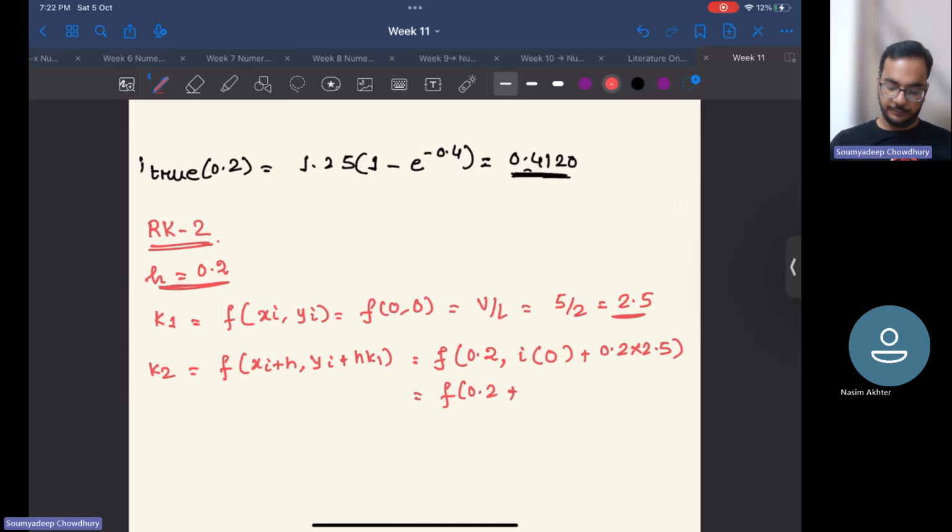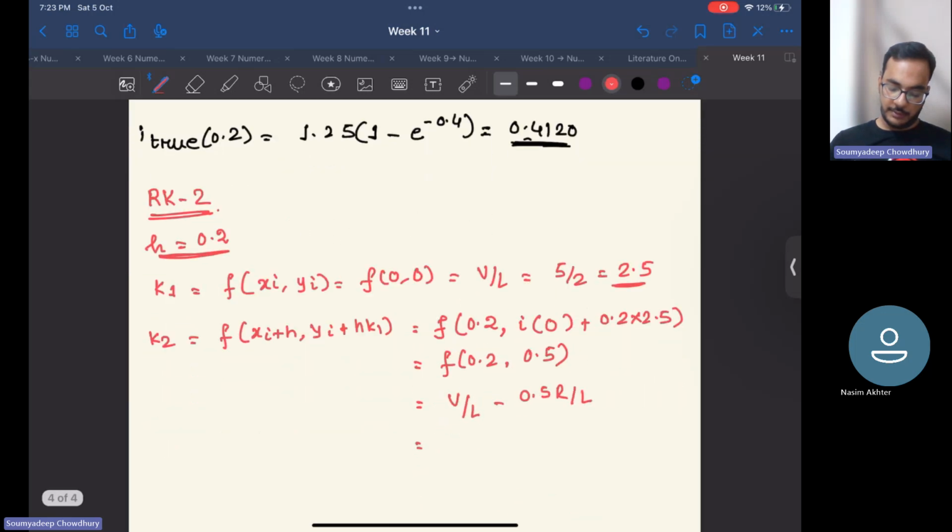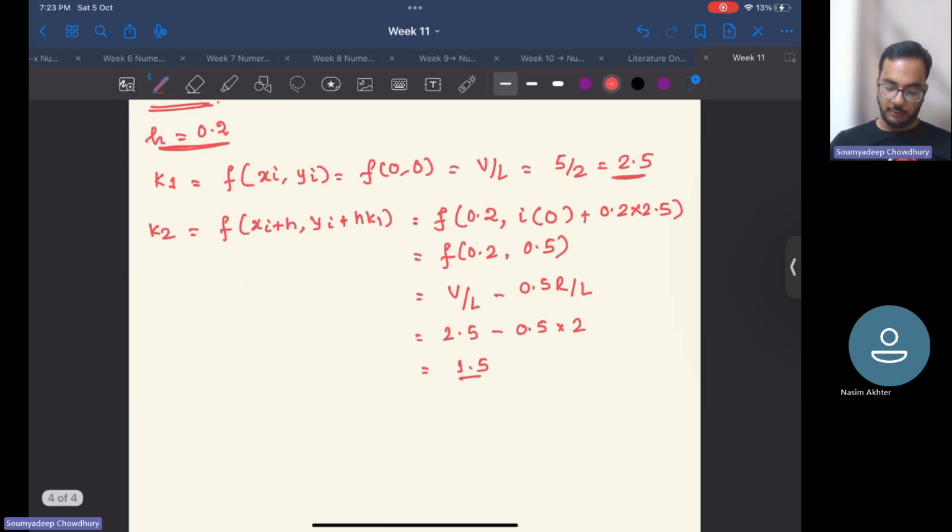I of 0 is 0, so 0 plus 0.2 times 2.5; 2.5 times 0.2 is 0.5, right? So it is f of 0.2 comma 0.5. So it is V by L minus 0.5 times R by L. V by L is 2.5 minus 0.5 times, R is 4, L is 2, so 2.5 minus 0.5 times 2 is 1.5.